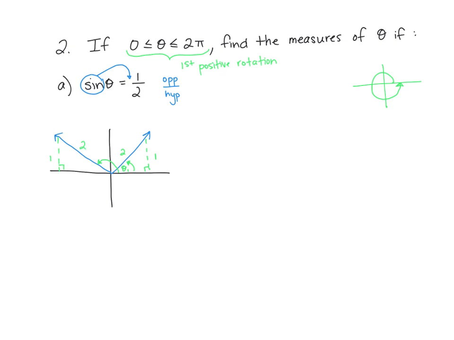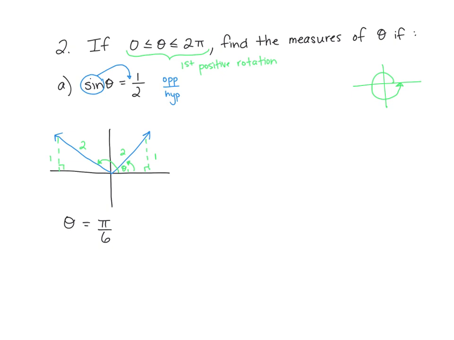And then from there, we can recognize, well, if my opposite side is 1, that is my smallest side length. The angle that corresponds to my smallest side length is my smallest angle. So I know that theta could equal pi by 6 because pi by 6 is the smallest angle and it's across from my smallest side length.